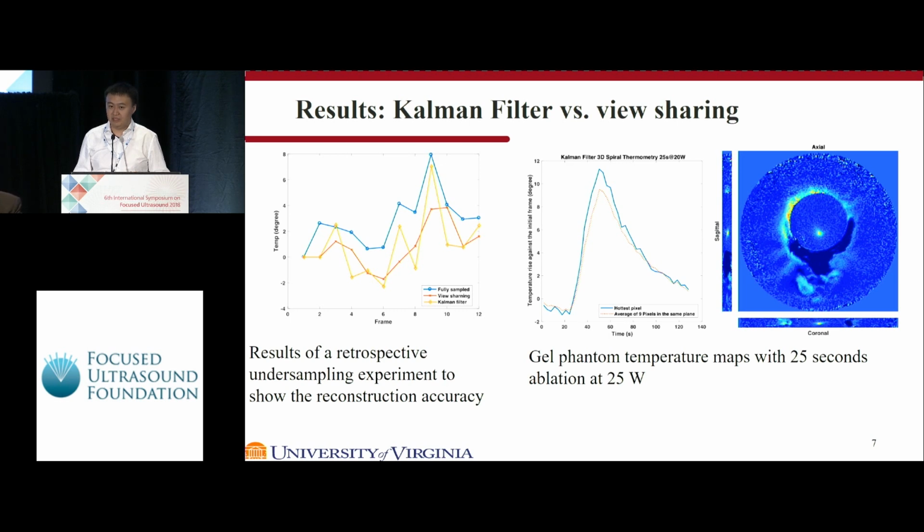The disadvantage of this method is that it tends to underestimate the peak temperature because it averages several frames. That is from a retrospective study. On the right, we perform a prospective study using the Kalman filter, which shows a pretty sharp temperature rise at the focal spot and hottest spots around that.